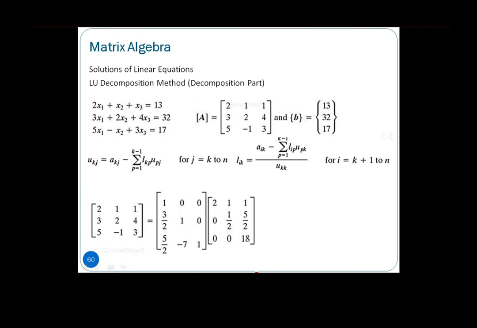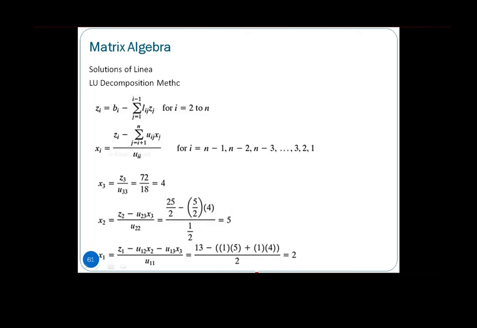So for example here, a matrix of 2, 3, 5 that you've seen, you can decompose into the lower and upper matrix. Then from there you can find your x3, x2, and x1 based on the z. We have to find your z1, z2, and z3 in this case. From this you find your z3, z2, z1, right?